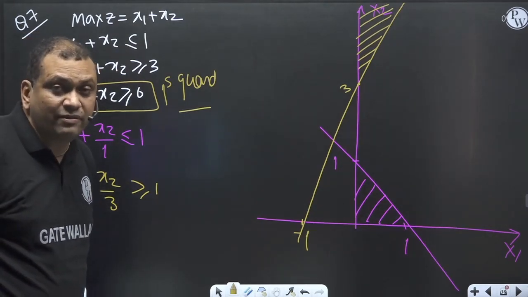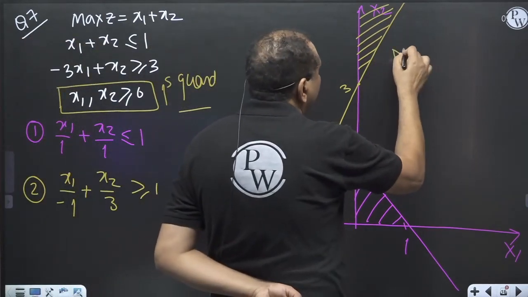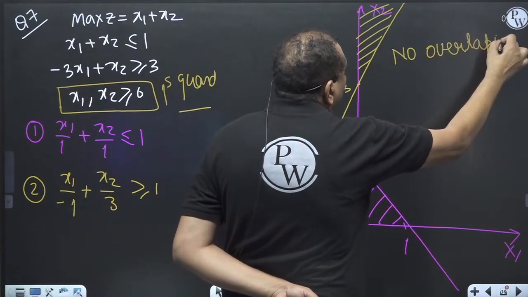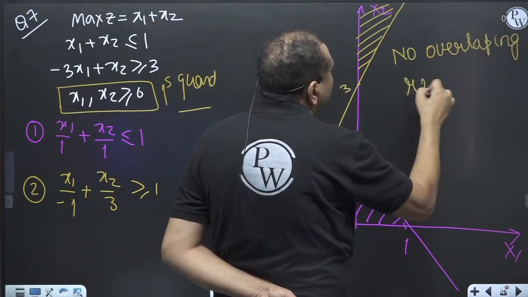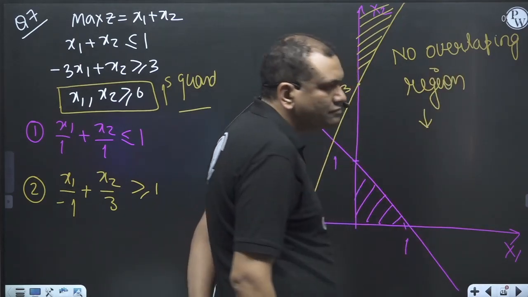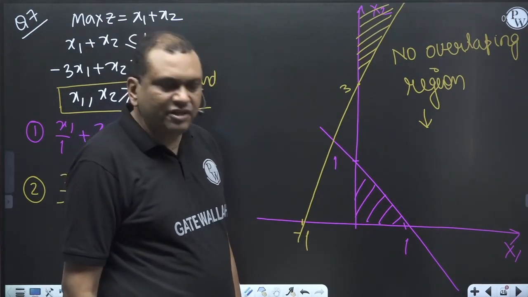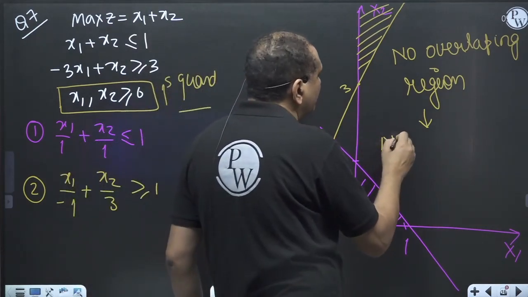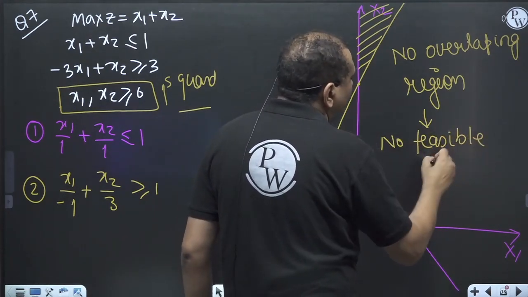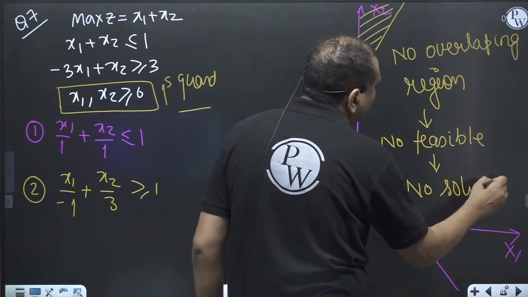So in this problem, there is no overlapping region. No overlapping region means no feasible region. No feasible region means no solution.